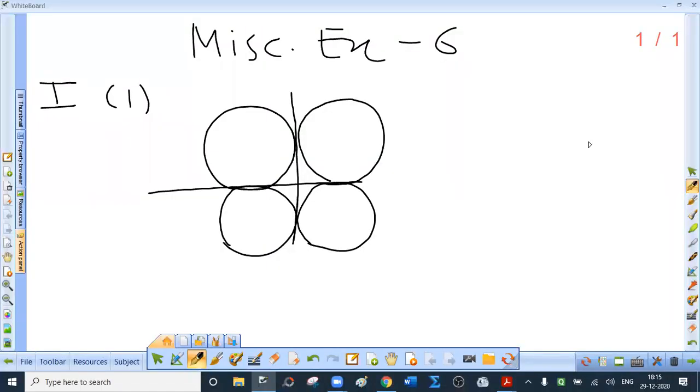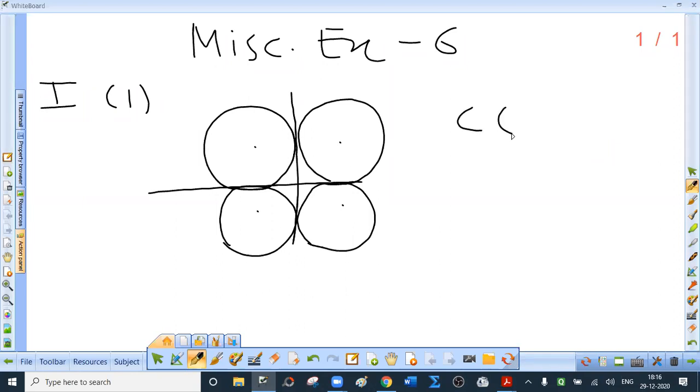Okay. Miscellaneous exercise 6. First question. Select the correct option from the given alternatives. First one. Equation of a circle which passes through 3, 6 and touches the axis. They are saying axis means both the axes. So there are 4 possibilities. So you can check for center.